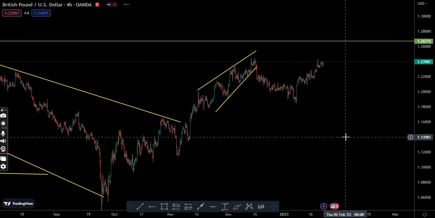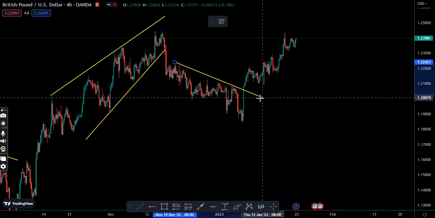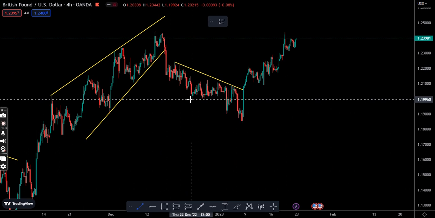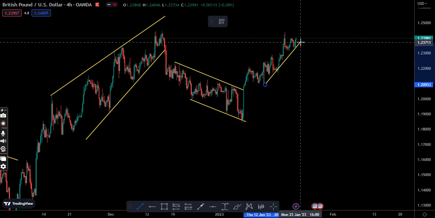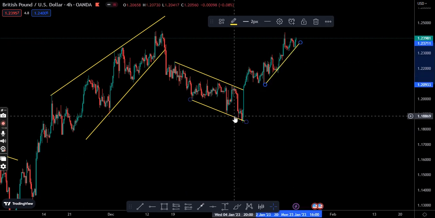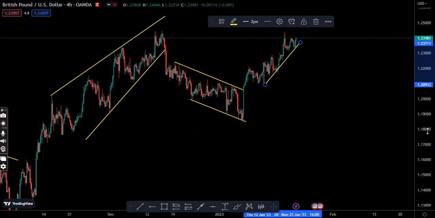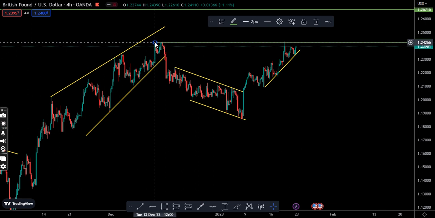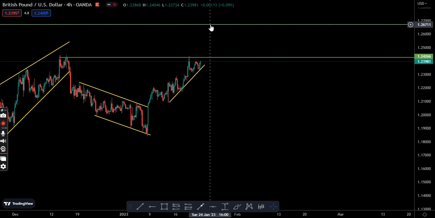Focusing on the recent market price action, we had this structure here, and we had this structure that I was showing you with the drawings, and we had the same situation happen right over here: impulse, correction towards the direction of the impulse, correction towards the direction of the impulse. That means we can expect the market to turn over right here. It should be right here or right here.